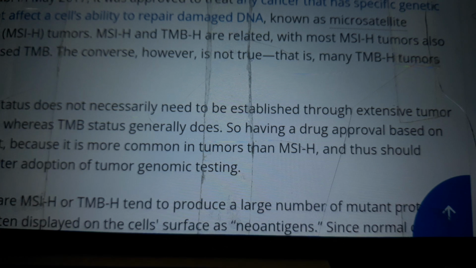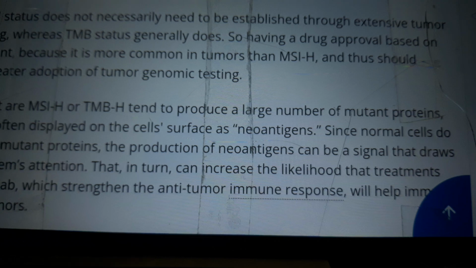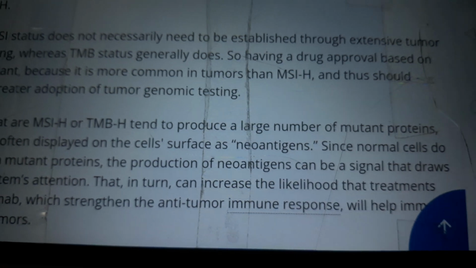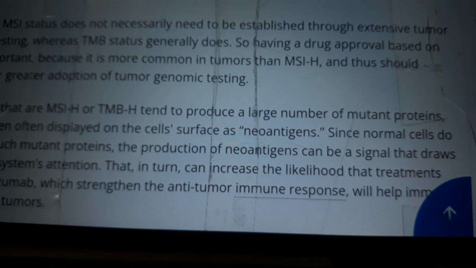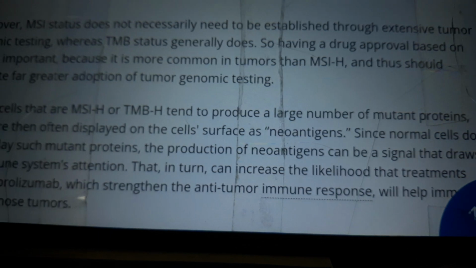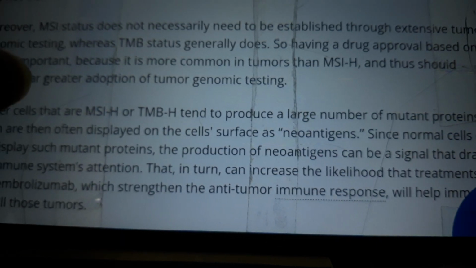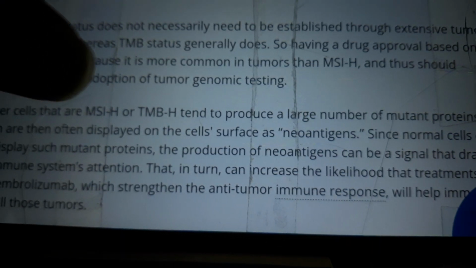We see that, moreover, MSI status does not necessarily need to be established through extensive tumor genome testing, whereas TMB status generally does.